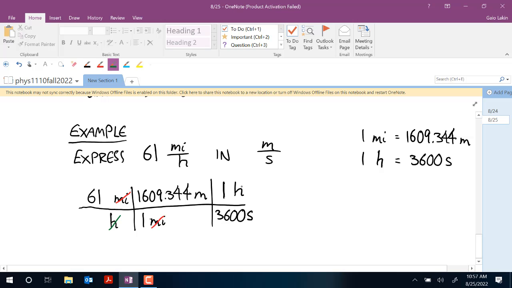The hours cancel. And now you can see your units are meters in the numerator, seconds in the denominator. If you multiply out all those numbers, 61 times 1609 divided by 3,600, you get 27.26 meters per second.